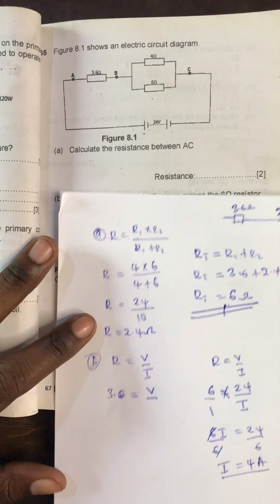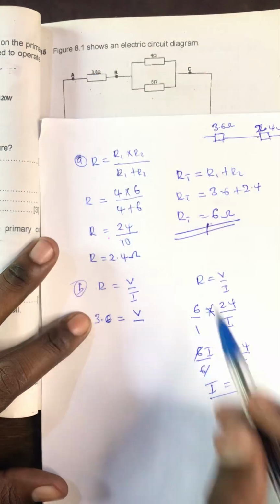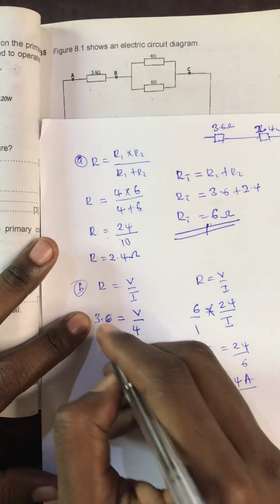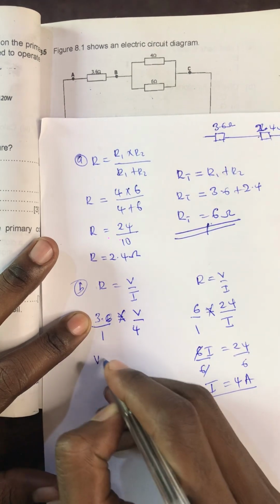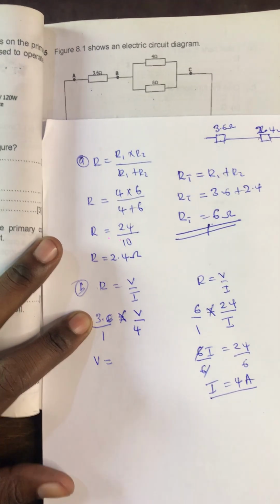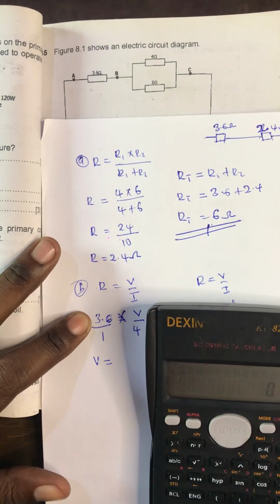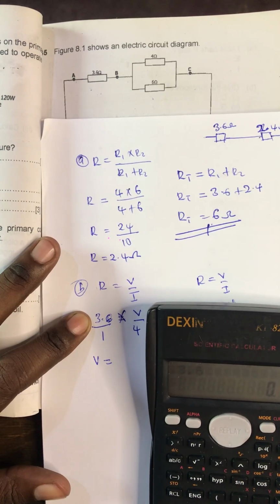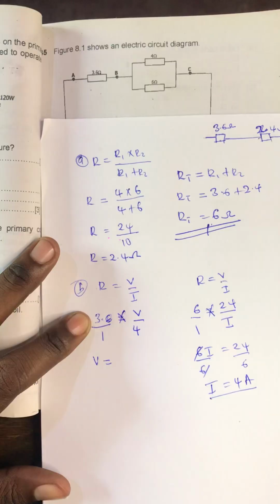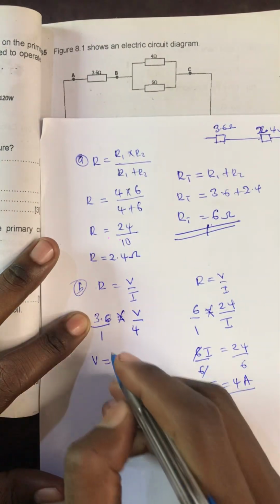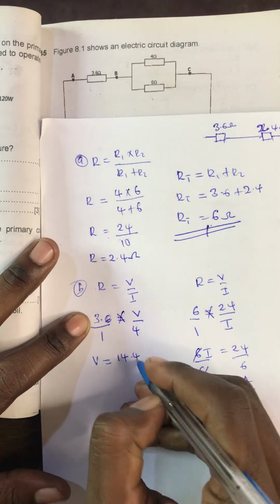The voltage is what we are looking for. So the current flowing there is 4. So we say over 4, and then from there we cross multiply. So 1 times voltage, we get voltage equals, so on our calculator when we say 3.6 times 4, the answer gives us 14.4. So the voltage across that is 14.4 volts.